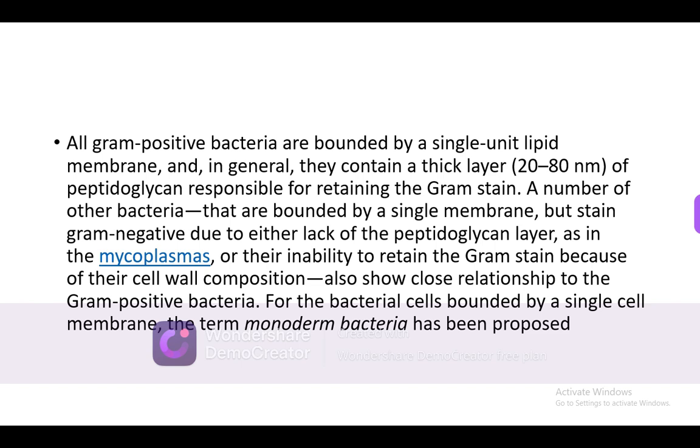So they started asking about the mycoplasma: what are mycoplasmas, how they act, where is the portal of entry, why they are so invasive, and what is the pathogenicity. If you know these things, then you can understand they are gram-negative, although their property mimics the gram-positive bacteria.